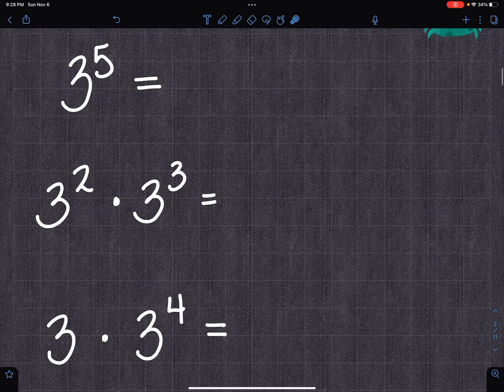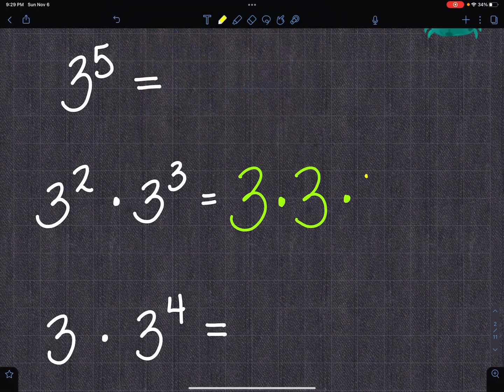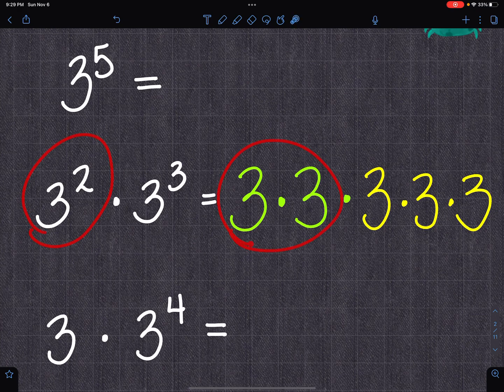Now, what if we're multiplying two of these things together? Well, we'll start with 3 raised to the 2nd power. 3 raised to the 2nd power is 3 times 3. Okay, now what about 3 raised to the 3rd power? Well, 3 raised to the 3rd power is 3 times 3 times 3. See what I did there? So 3 to the 2nd is this part, and then we multiply that by 3 to the 3rd, which is this part.